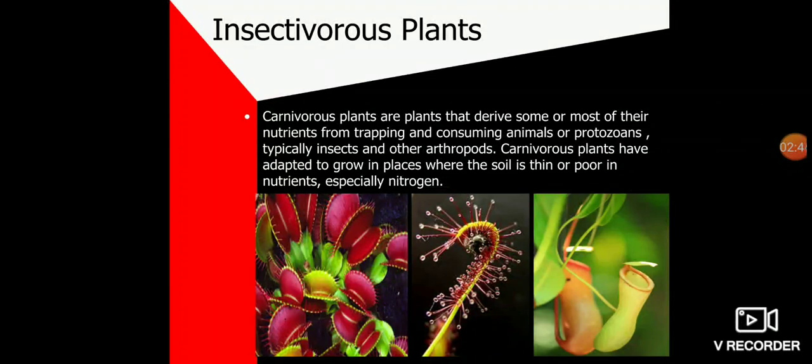Here you can see pitcher plant with leaves modified like a pitcher. When insects sit inside it, the lid is closed and then some enzymes are secreted by the leaves, and here the insect is digested. In this way the plant gets nutrients.